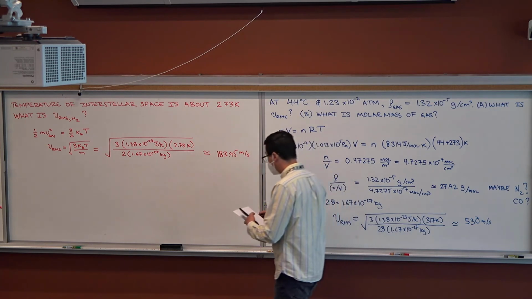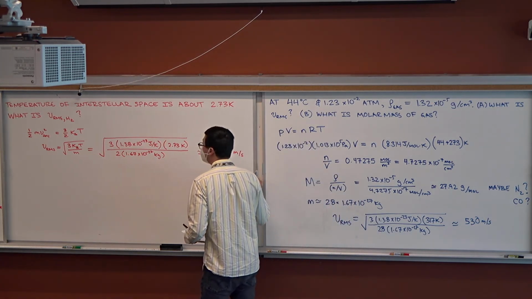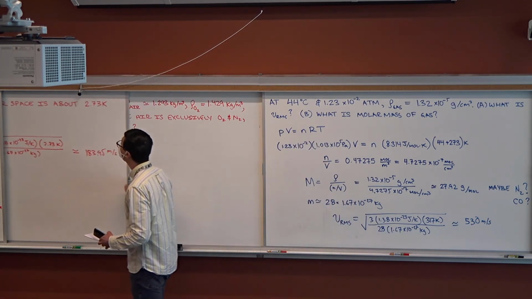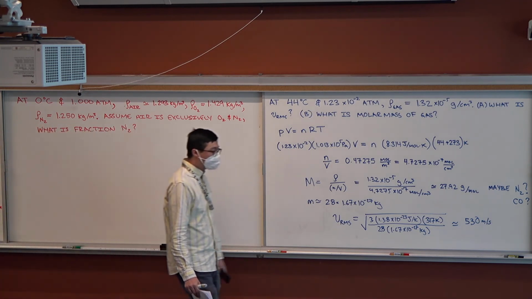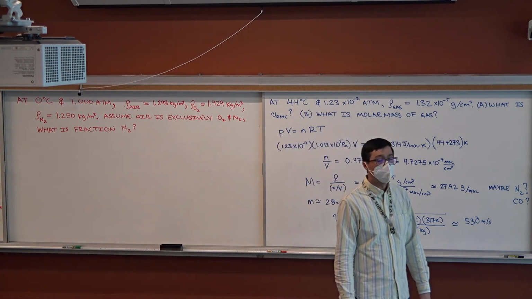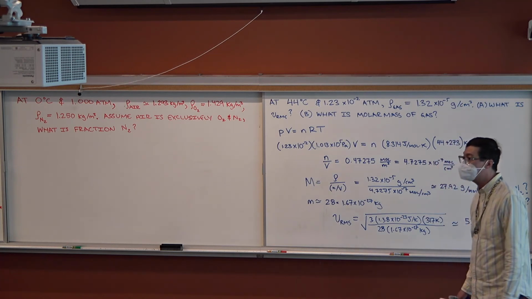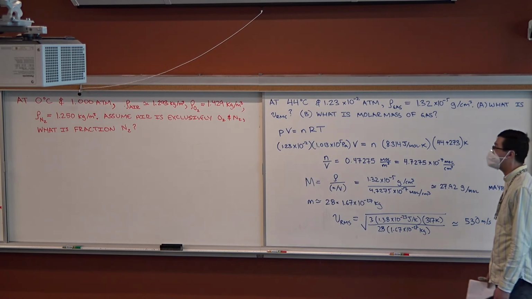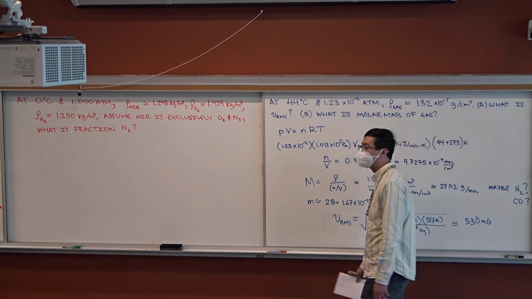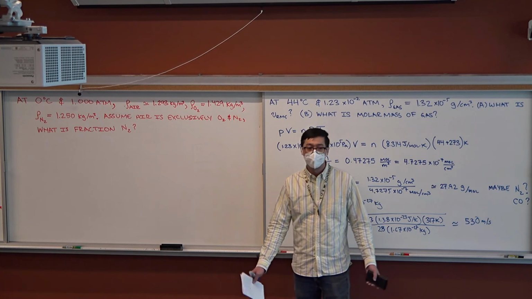Let's try one more, just to be a palate cleanser, sorbet. We talked about this in lecture yesterday. What were the major constituents of stuff in the air in this room?